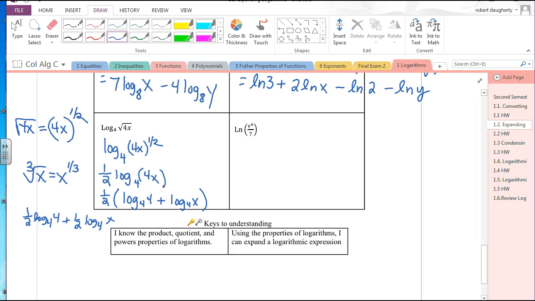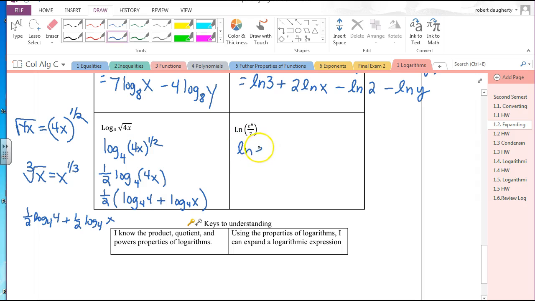Ln. Ln means what? What kind of log is that? Natural log. Natural log is log base e. Do you see I'm taking the log of what? Powers, products, or quotients? It's a quotient and powers. So first thing I'm going to deal with is the quotient.